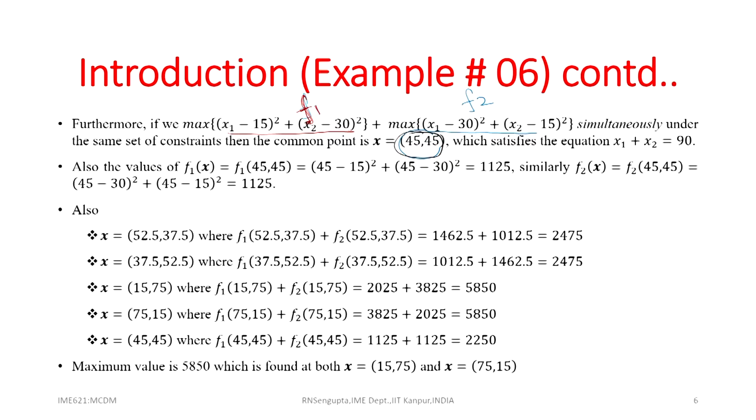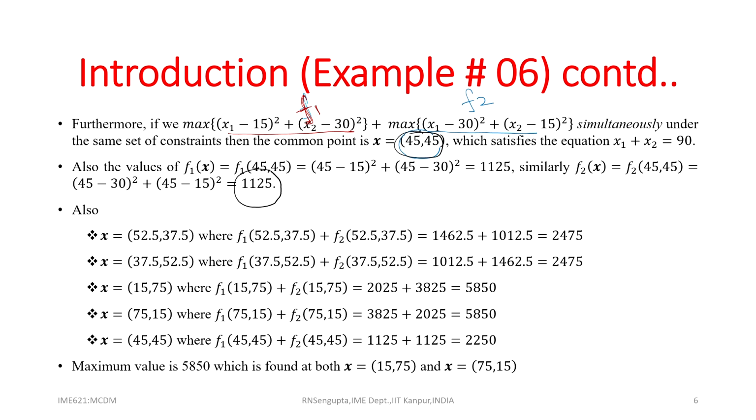So, very interestingly, the value which satisfies both f 1 and f 2 combined at 45, 45 is 1125. This 1125 is totally different from the single objective function cases, as was the case for the minimum problem.